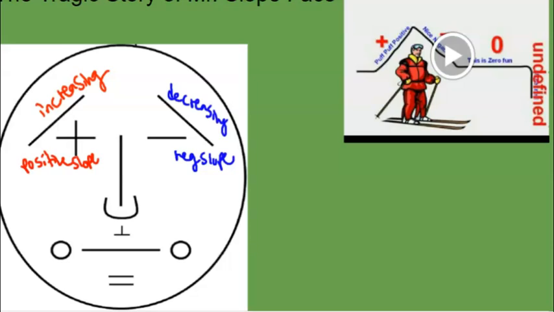And then we have the nose right here, that's for vertical, undefined slope. And then the mouth is a horizontal, zero slope.